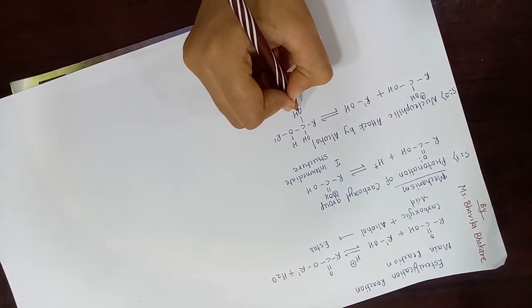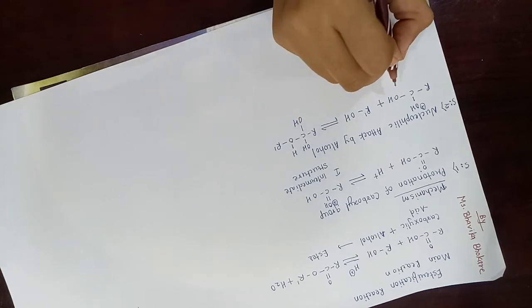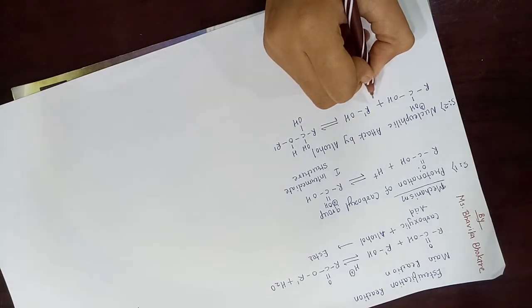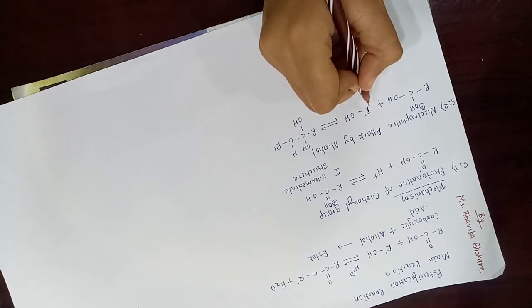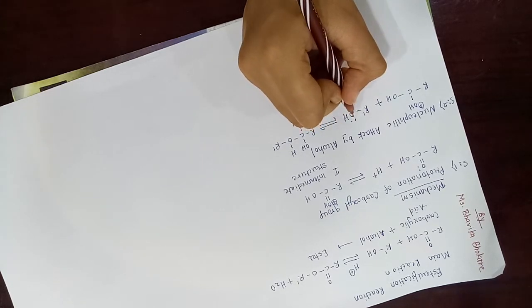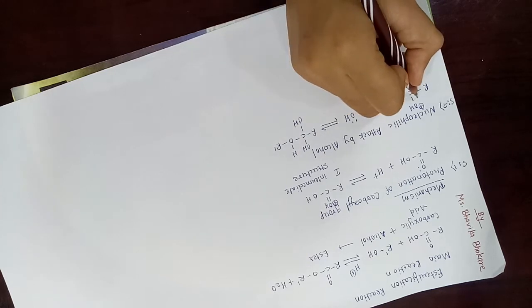Now this undergoes the nucleophilic attack by the alcohol. Here the alcohol does not have a negative charge, but still it behaves as a nucleophile. That is because there are lone pairs of electrons on the oxygen atom which will be shared with the intermediate formed in the first step.